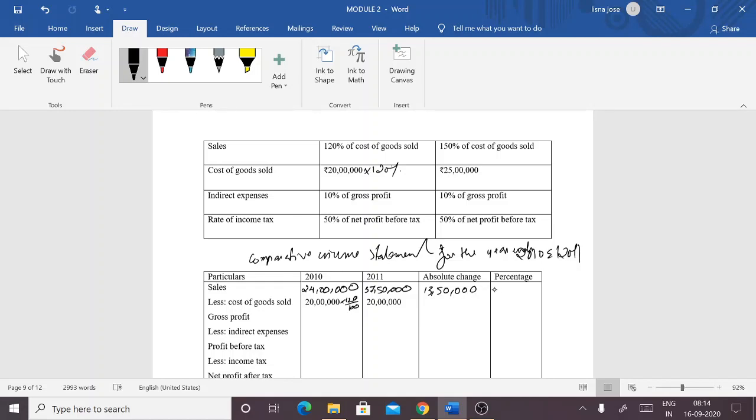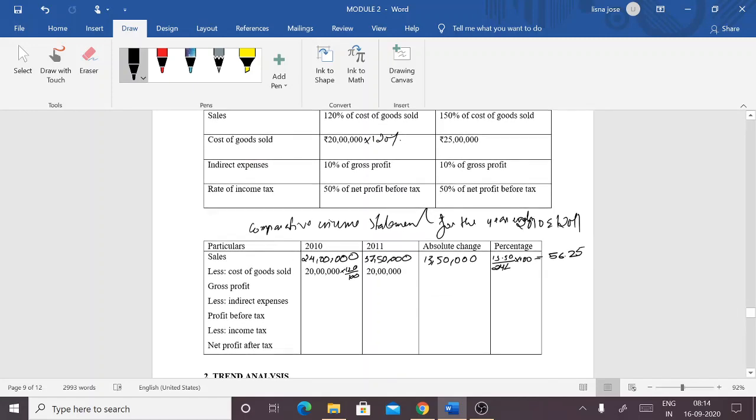Now you need to calculate the percentage. That is 13 lakh 50,000 divided by the base year 24 lakh into 100, and that gives the figure of 56.25.